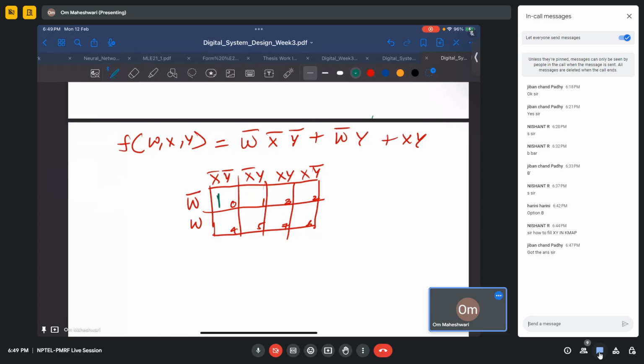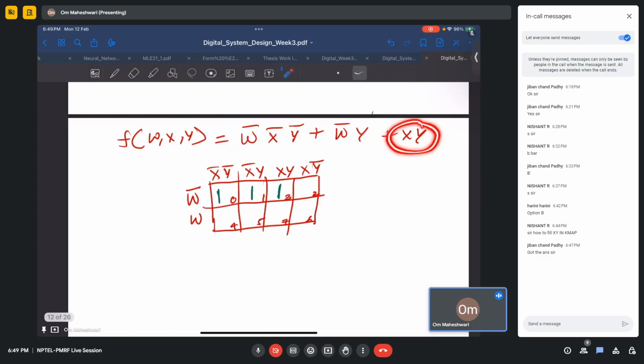Then you have w bar y. W bar is this row and y is these two blocks. So we will have ones here and here. Then you have xy.